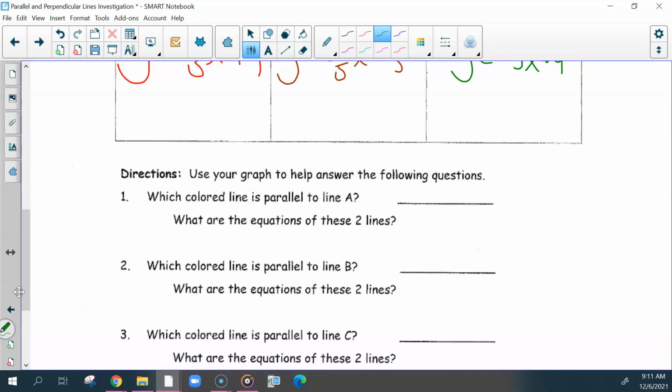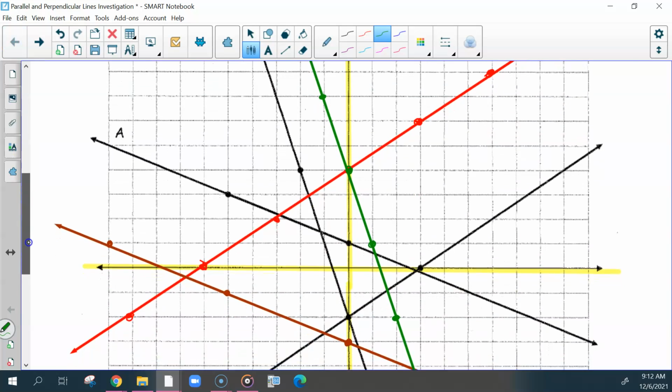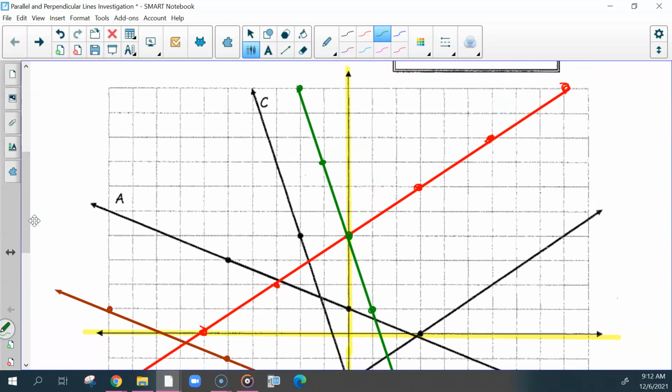Okay. If you didn't know that specifically, graphically, how would you know two lines are parallel? Davina? They don't ever touch or intersect.